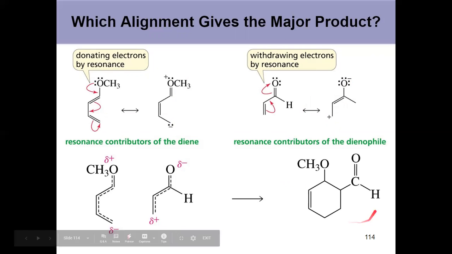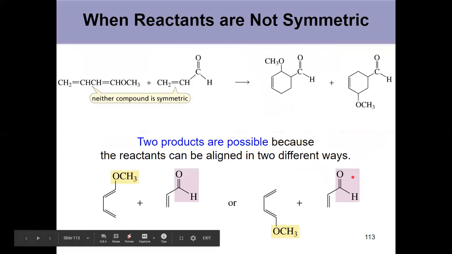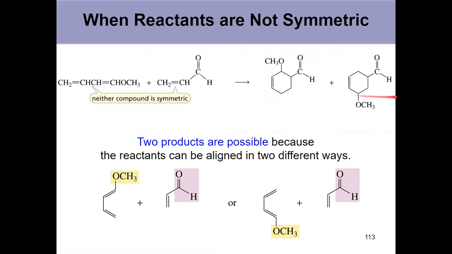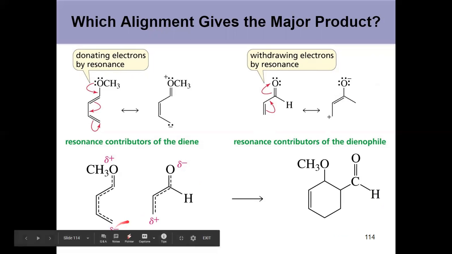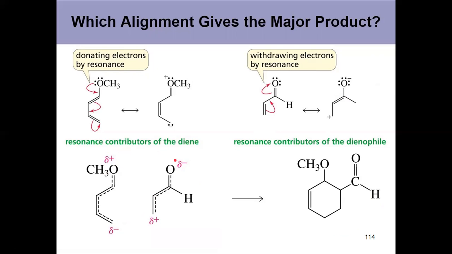So jumping back a slide, this product is going to predominate over the other one, because that is where I align my delta negative near my delta positive near my delta negative.